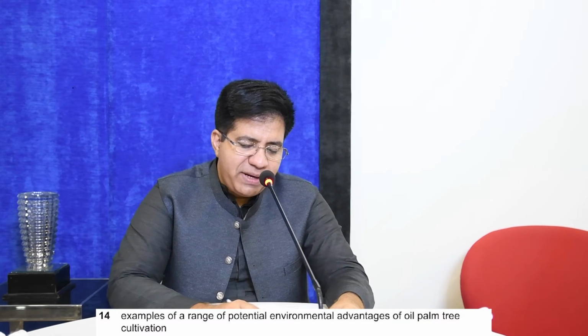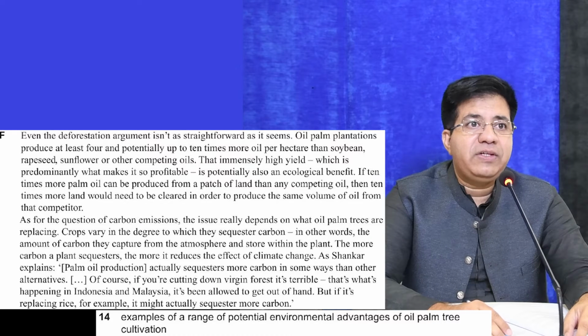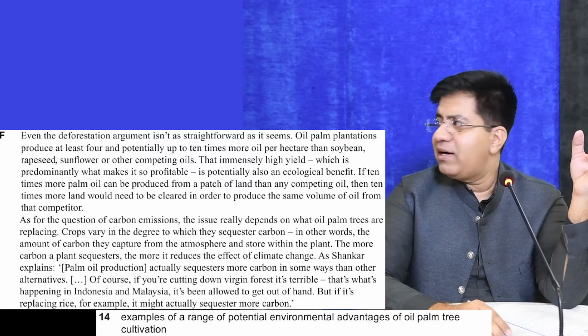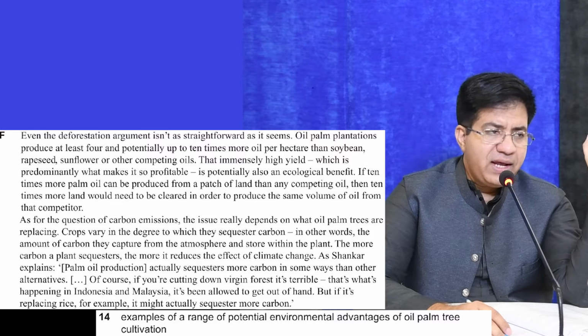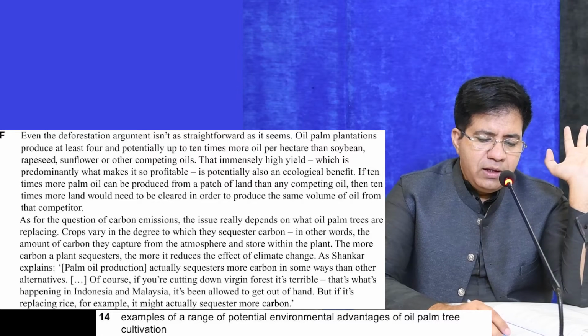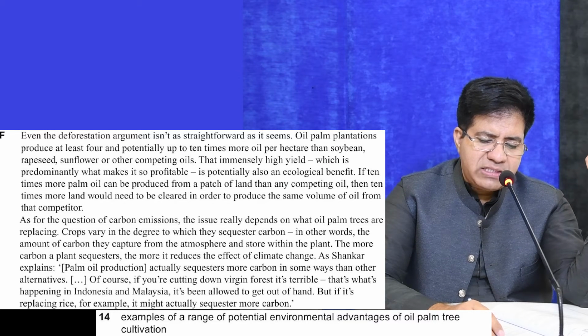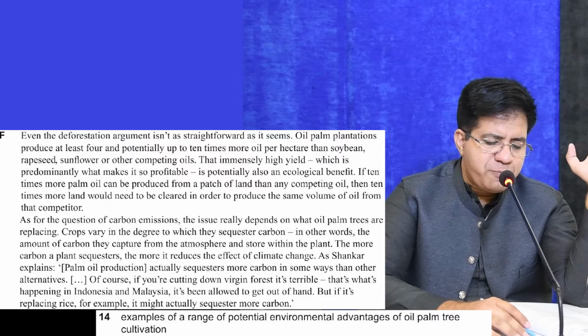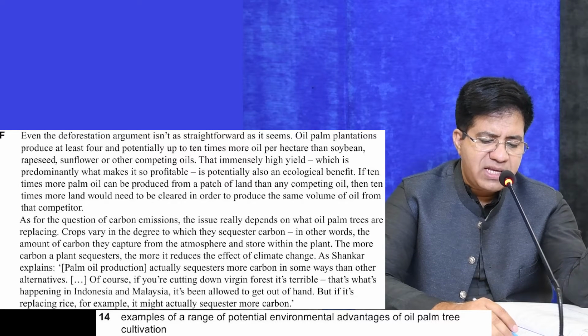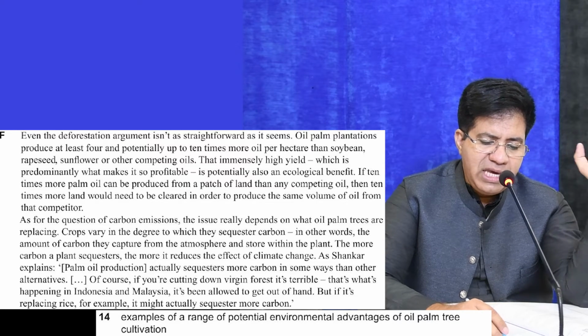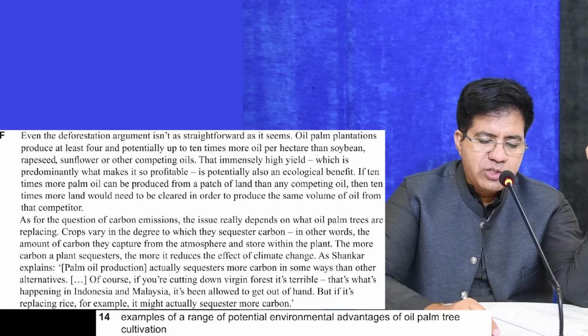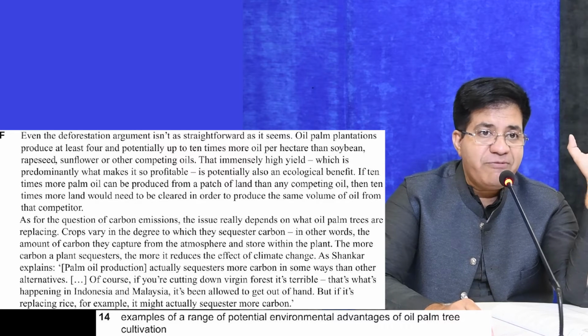Everyone, please come to paragraph F, and I'm reading it from the third line, after the full stop. That immensely high yield, which is predominantly what makes it so profitable, is potentially also an ecological benefit.